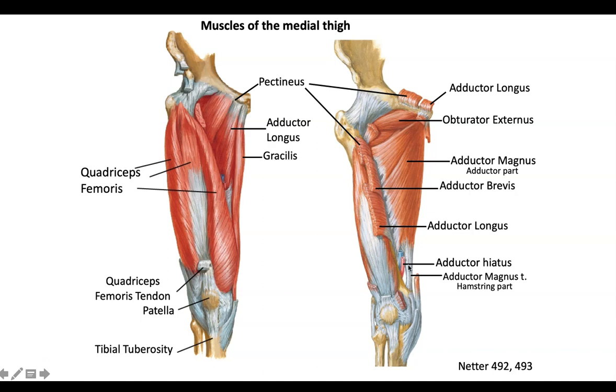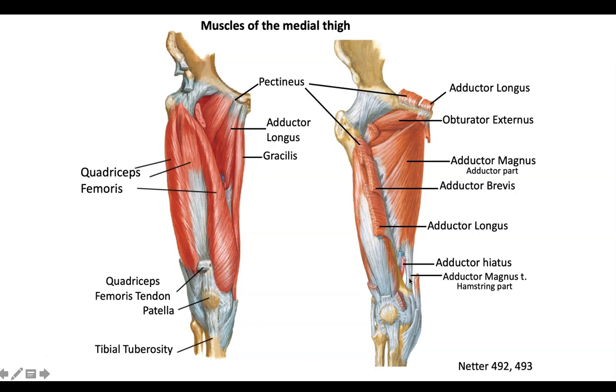So, adductor magnus has two different parts. The adductor part is attached to the linea aspera of the femur, and it is a large or broad aponeurotic part, and it has a tendinous part, or the hamstring part of the adductor magnus, which has its distal attachment to the adductor tubercle. See, this is the adductor part, this is the hamstring part.